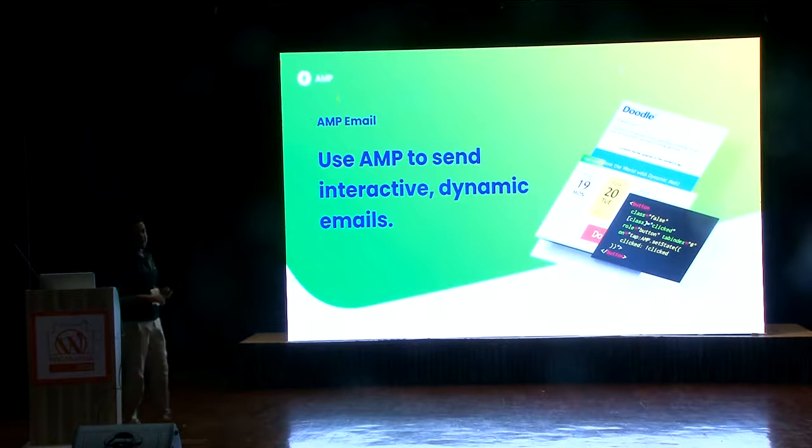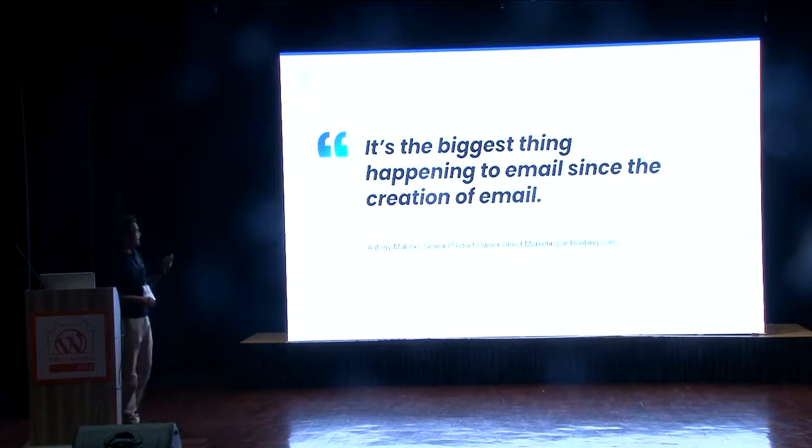And the last one is AMP emails. One fellow said that AMP email is the biggest thing that has happened to email since the creation of email. So what if you have to do registration for this WordCamp? Instead of going to a next form, you can fill the form directly in your email box. That is what AMP email actually provides.